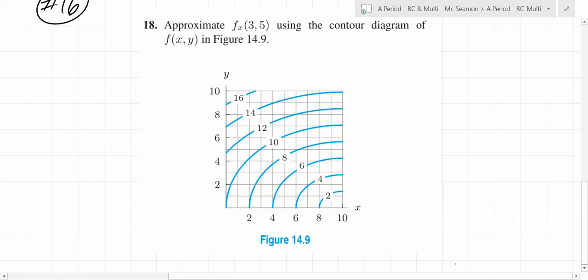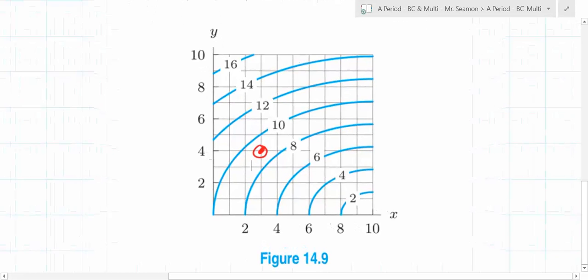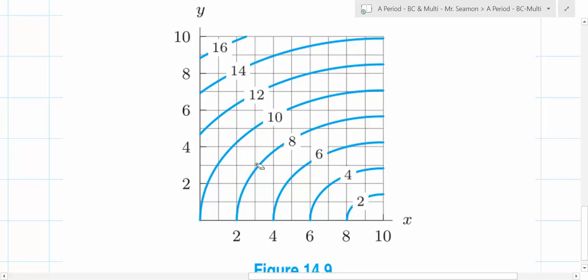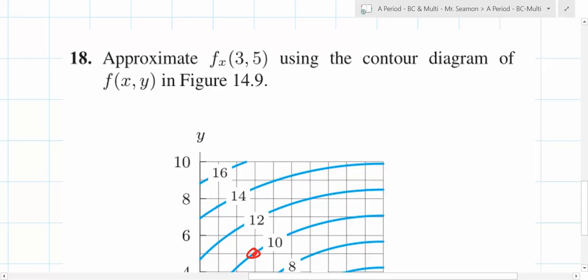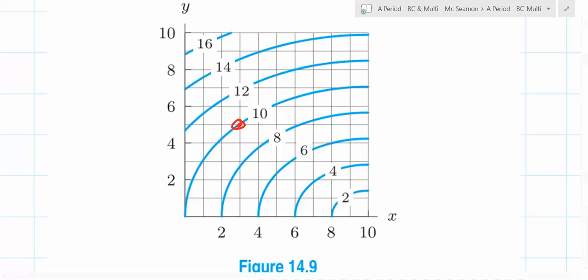So they want to approximate fx(3,5) using the contour diagram. So what do you go to first? Where's the point? So you go to (3,5), which is right here, correct? Oh, I got to go further, sorry. Right here? Yes. And they want fx, so what are you keeping static?